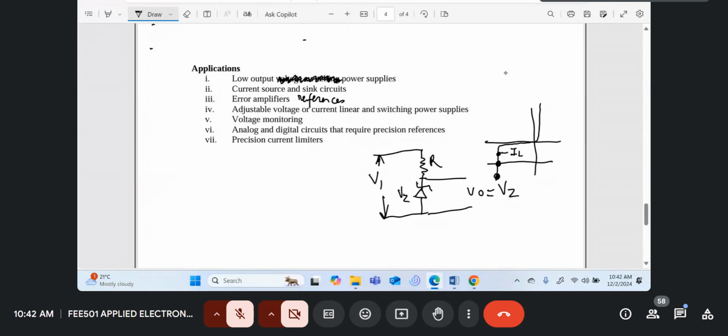So let's assume this current is I optimum. And this will be maybe IL max, and this will be IL min.